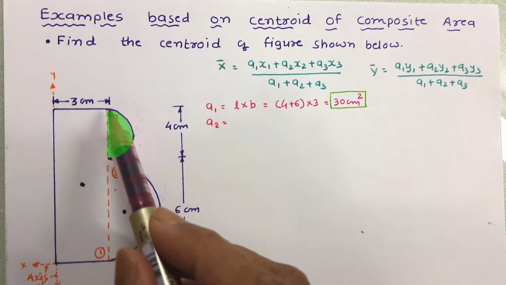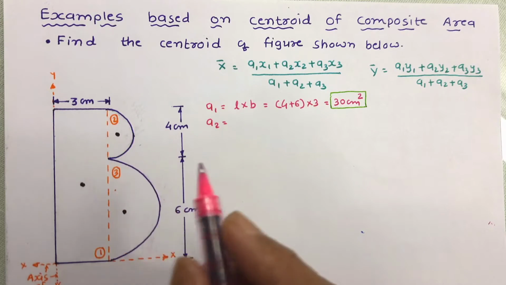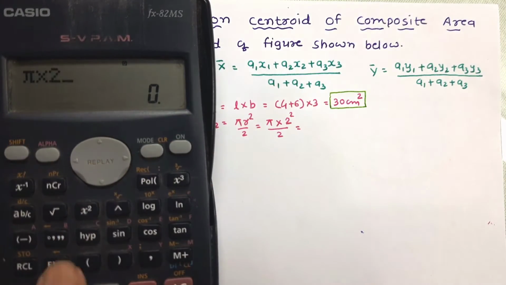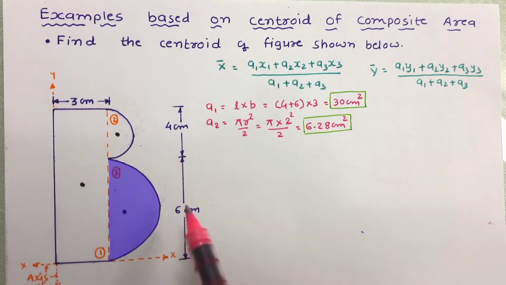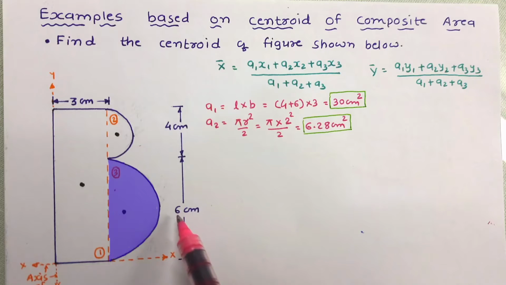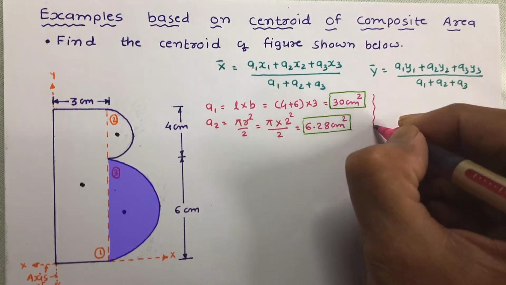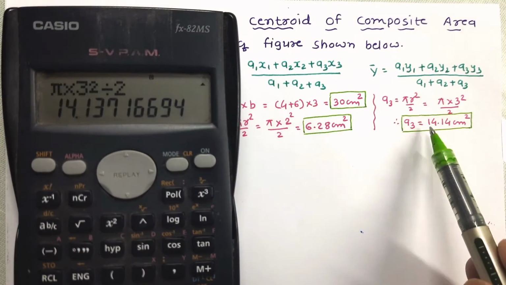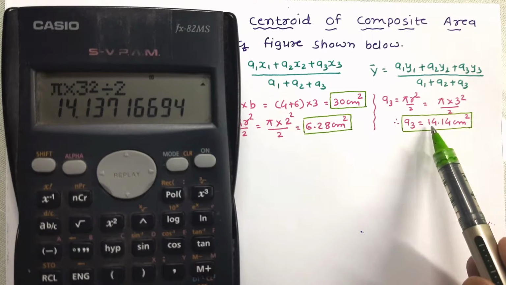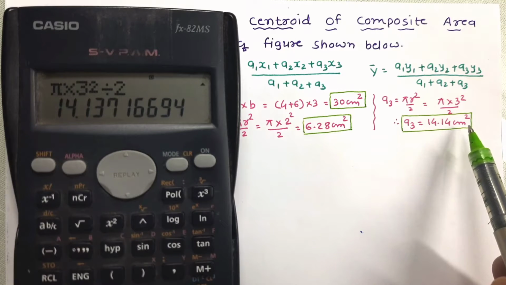We know that the area of a semicircle is pi r square by 2. In the same way, for the second figure, the radius is 3. So we'll use the same equation to work out A3. The area A3 has been worked out as 14.14 centimeter square.